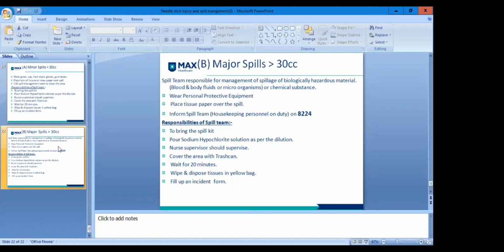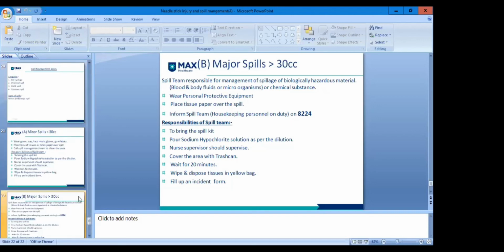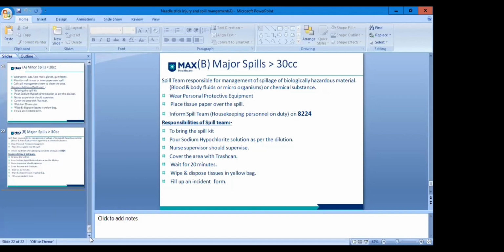Then the spill team comes with the spill kit. They will again pour sodium chloride solution if it is blood and body fluids, wait for 20 minutes, and fill up the incident form. In our case, we define small and major spills on the basis of volume, and the management is done by a central housekeeping team or a local housekeeping team.